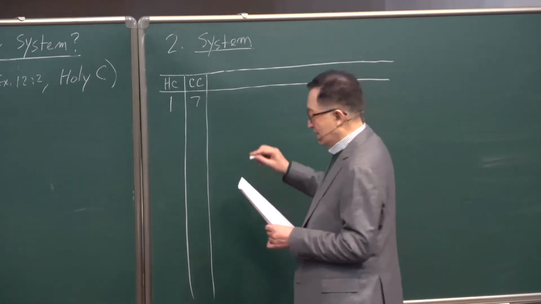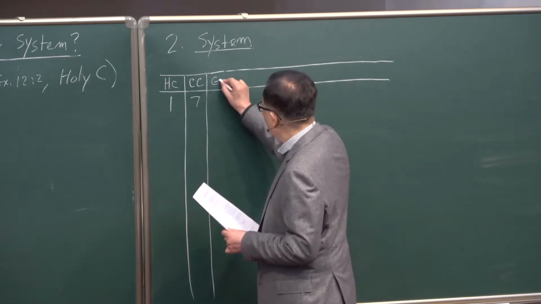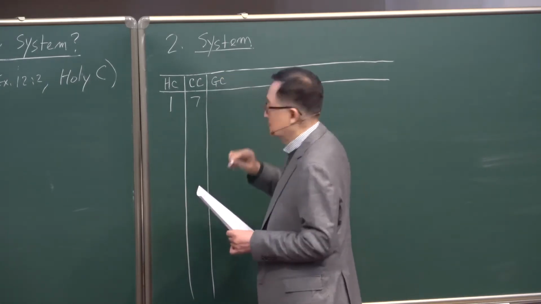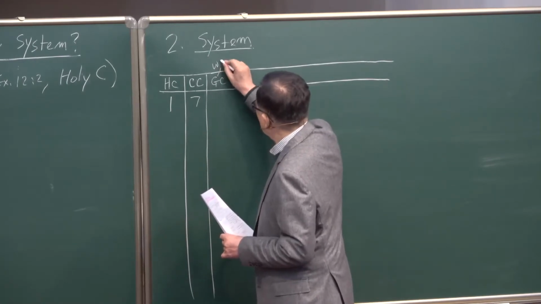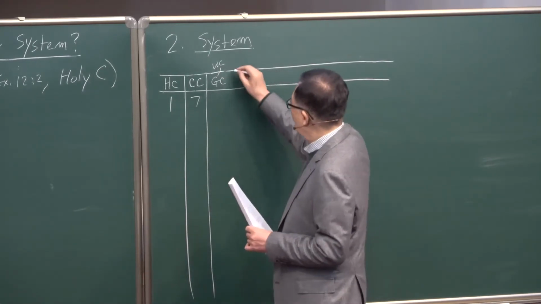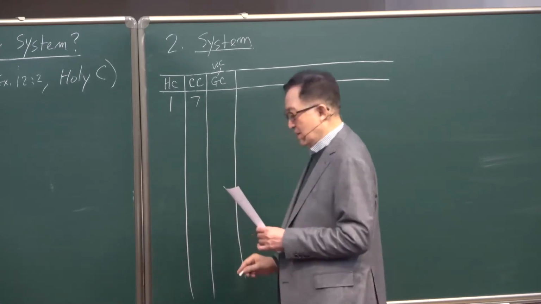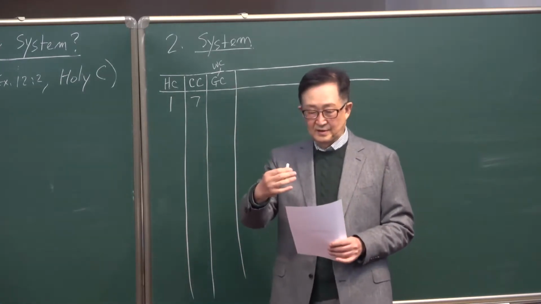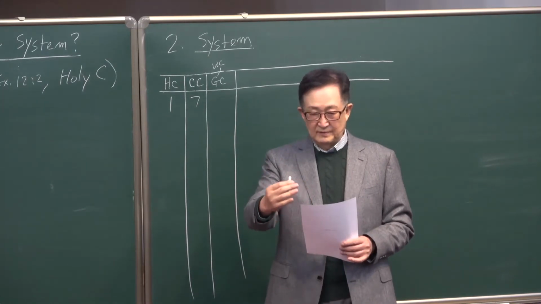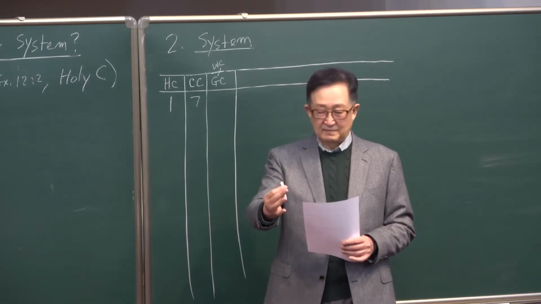Okay, now, it's a Gregorian calendar. Gregorian calendar means today's Western calendar. Our Western calendar is based on the solar system.